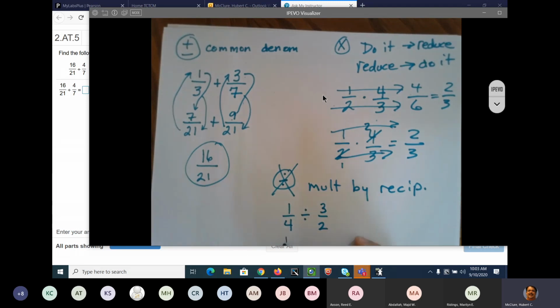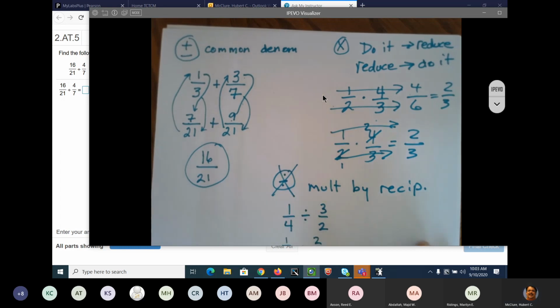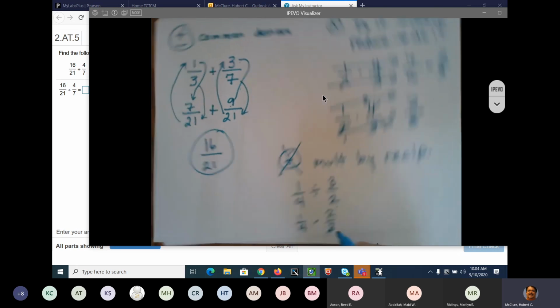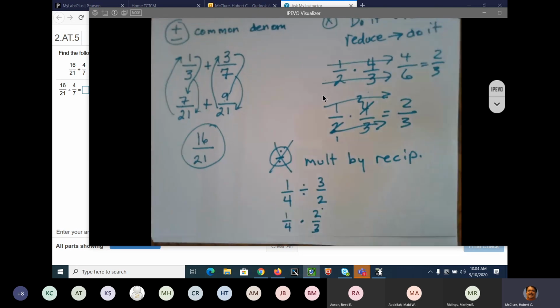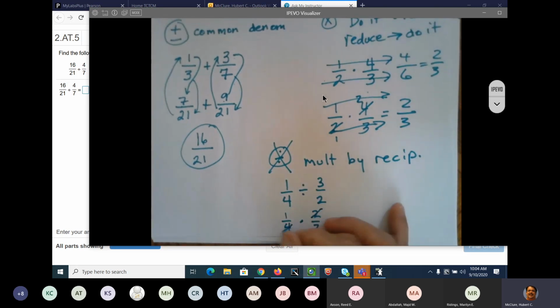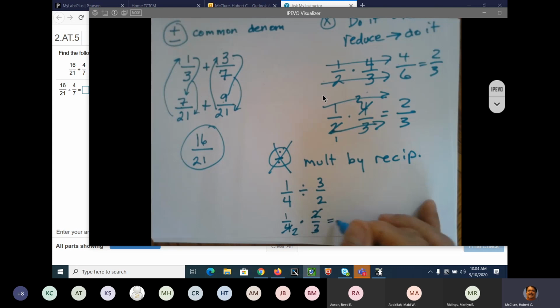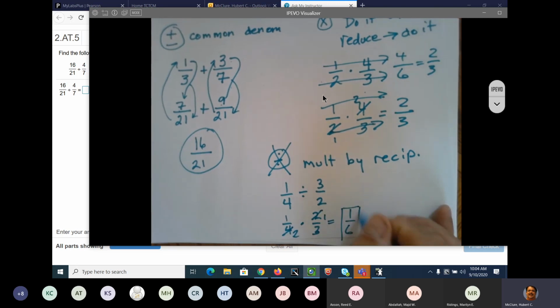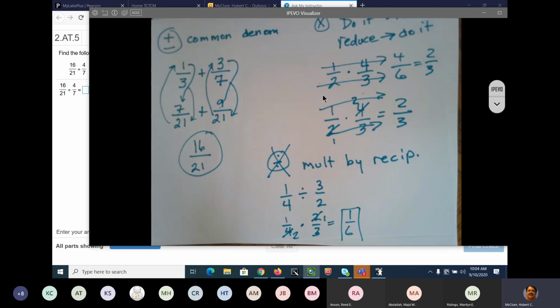You say 1/4 multiplied by 2/3. You multiply by the reciprocal. And that's going to give you, you can do it and reduce, or you can reduce and do it. Okay, so that's a little review on fractions.